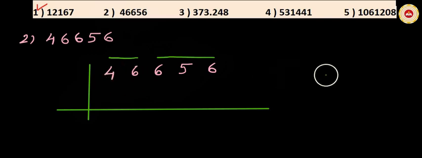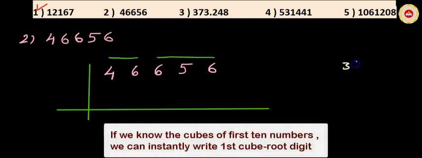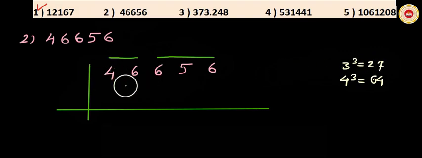See, 3 cubed is 27 and 4 cubed is 64. It means that 27 is nearest but less than 46. So let us write 3 as the first digit, the leftmost digit in the cube root.